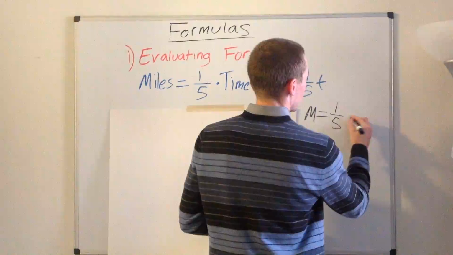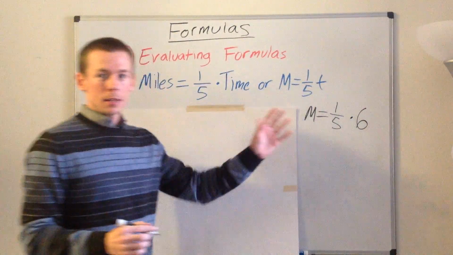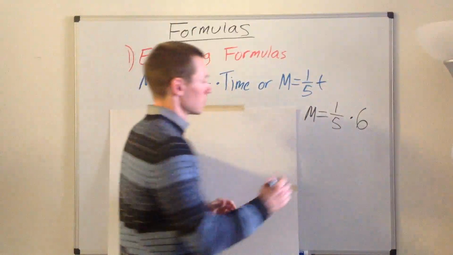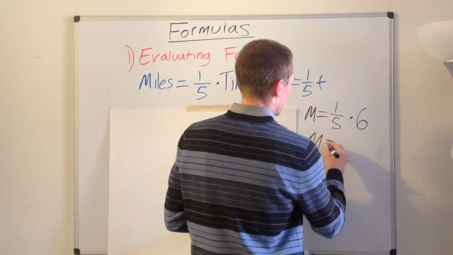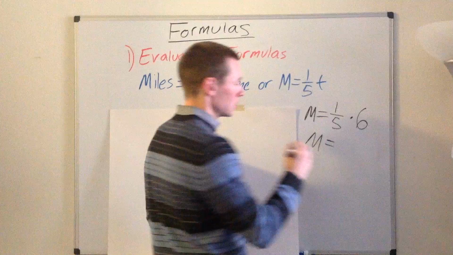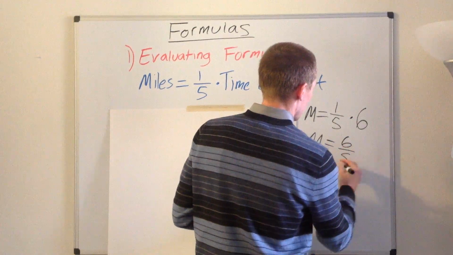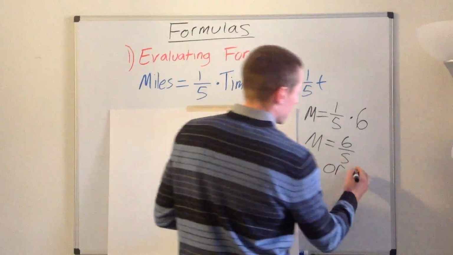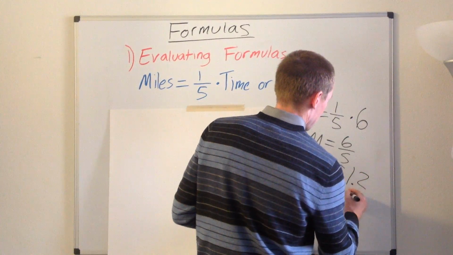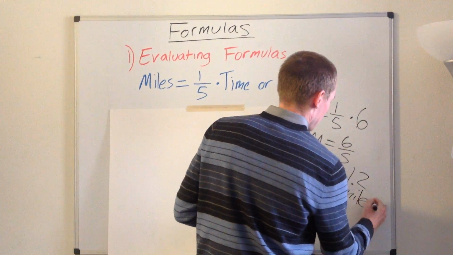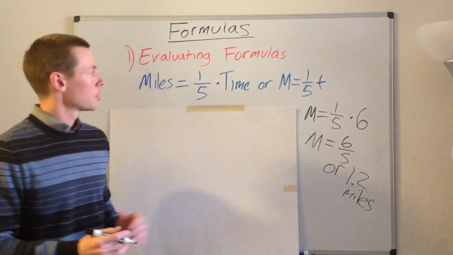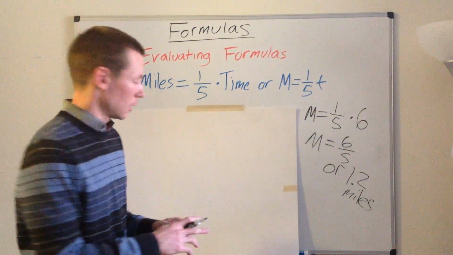So again, we're evaluating this formula by taking that number 6 that was given to us. m equals 1/5 times 6. So the miles is 6/5, or 1.2 miles away. Okay? So that is evaluating a formula.